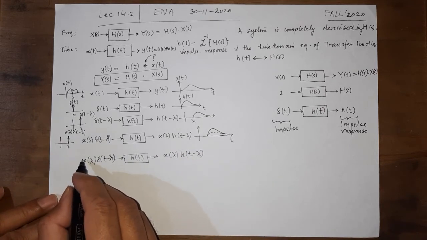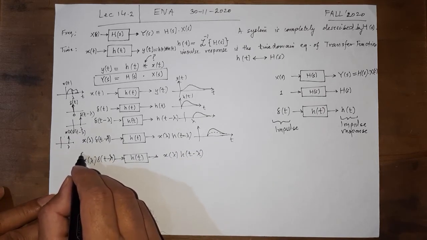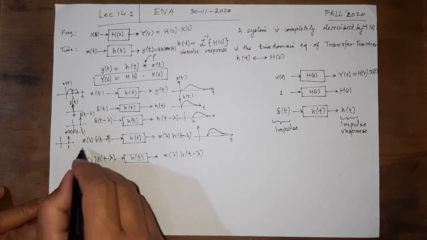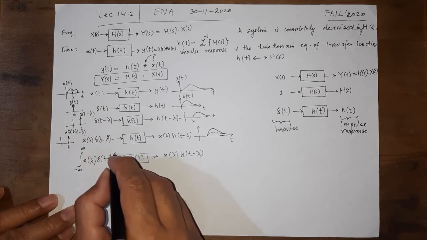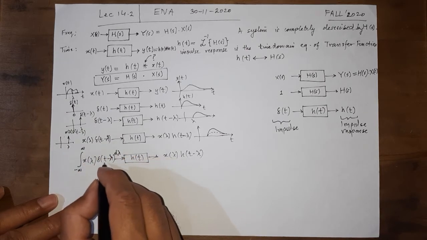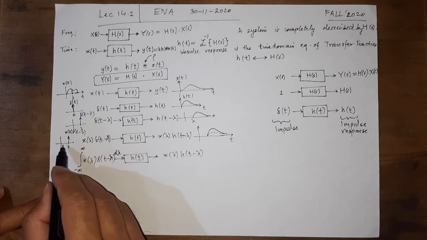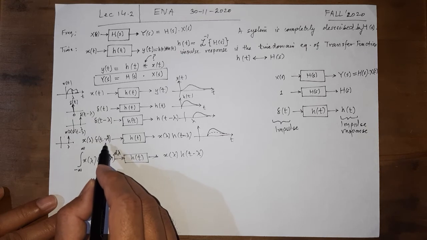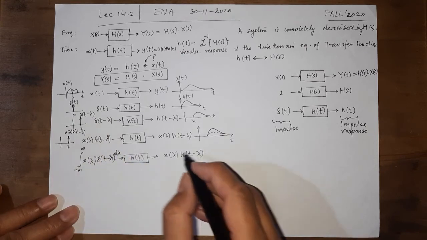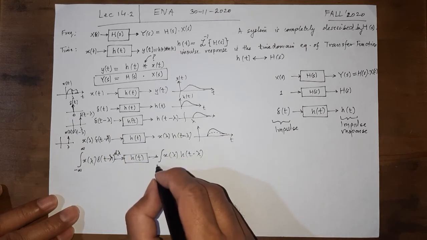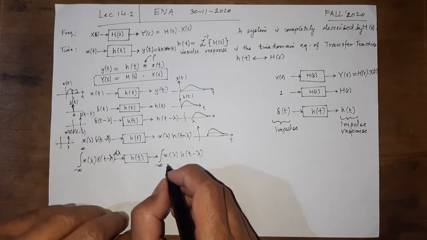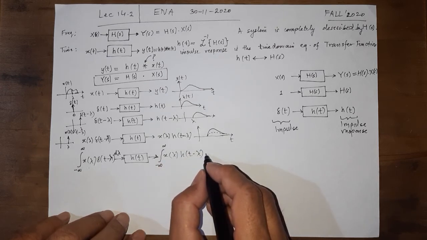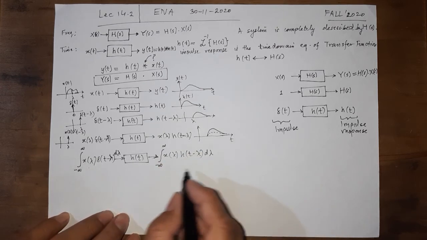But what if we now sum all the values of lambda from minus infinity to plus infinity, that is, we integrate with respect to lambda, not t. So we change lambda from minus infinity, bring it to all the points, and sum them. This is what integration is. So we are going to get the summation, obviously, because this is a linear system. We are going to get a summation at the output as well.